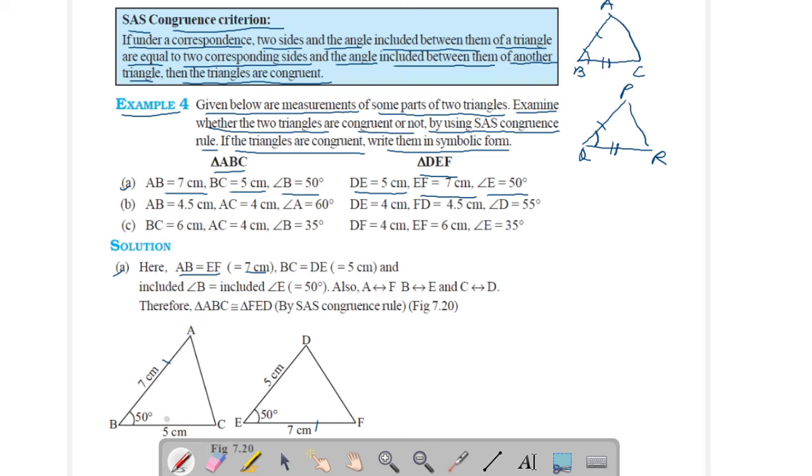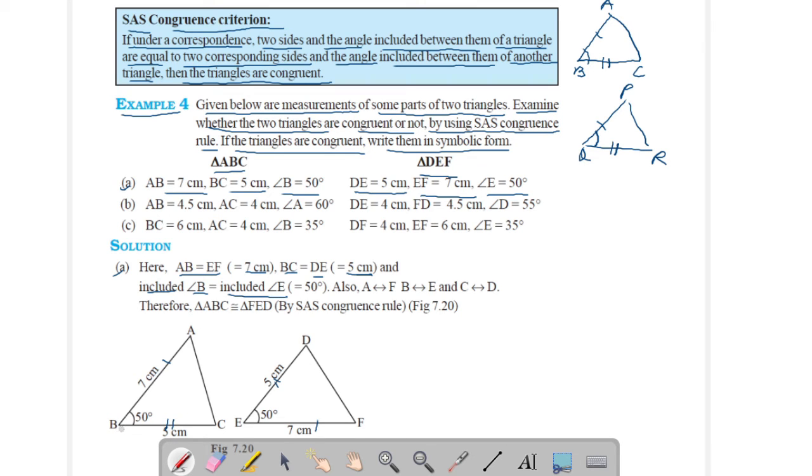Again BC is 5 centimeter, and here ED, or you can say DE, is 5 centimeter. Here BC equal to DE. Why are they equal? Because they have the same length, that is 5 centimeter, and the included angle, that is angle B, is equivalent to included angle E. Here these two sides are equal.